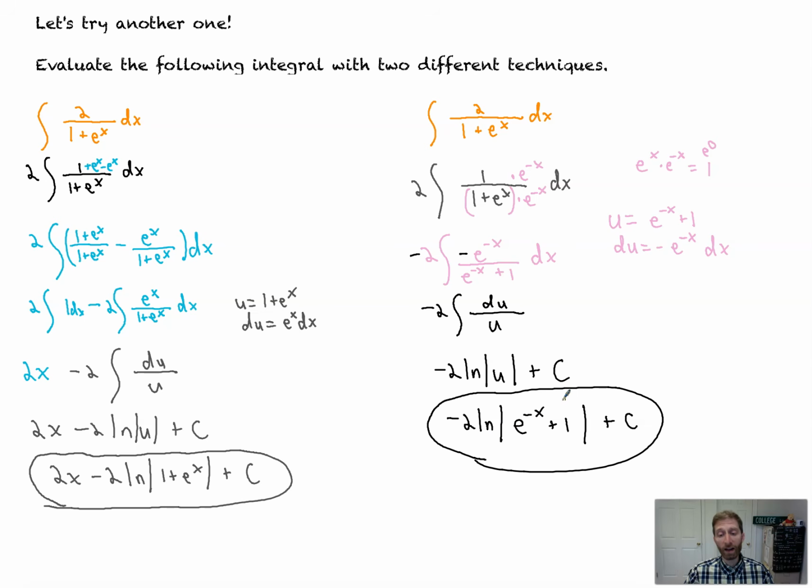Well, believe it or not, when we simplify this thing out, and we could, you'd write this as 1 over e to the x plus 1. You could combine that in fractions and then split this thing up, use some logarithmic identities. You could get back to that. But the point being is if you differentiate this and then smush all the fractions together or just simplify it, you'll end up back at 2 over 1 plus e to the x just as you would here. So two different looking expressions that are nonetheless equivalent.